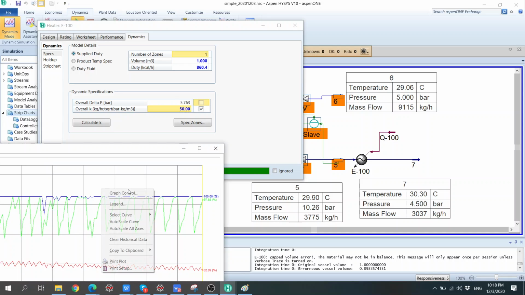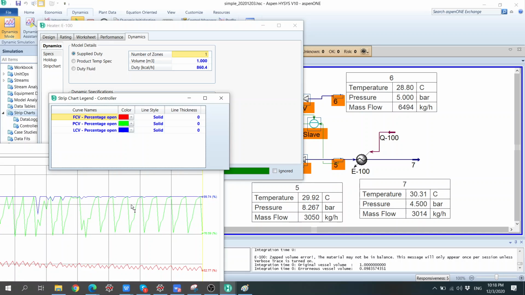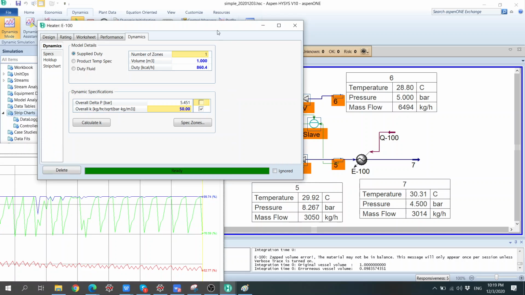The green one is PCV. I think PCV is also very aggressive.